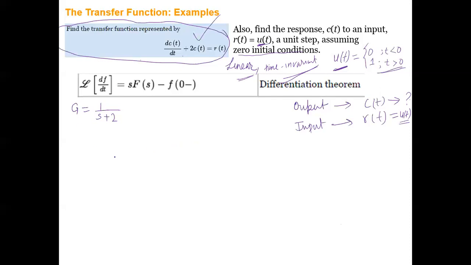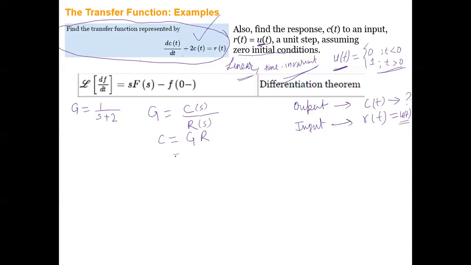Transfer function is there. So how do you find the C from here? What is G, by the way? G is C over R, right? So then C equals G times R, right? So C(s) equals G(s) R(s).